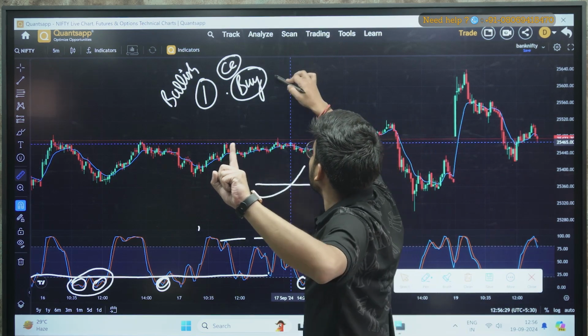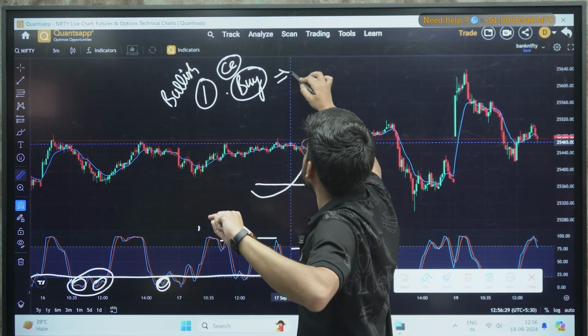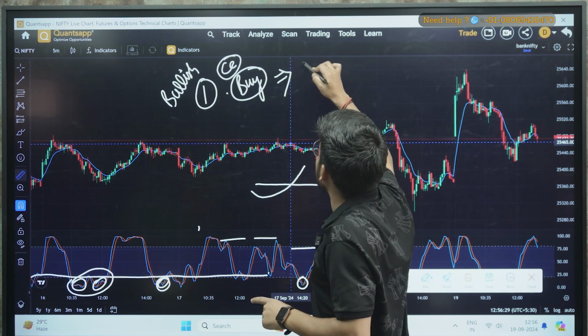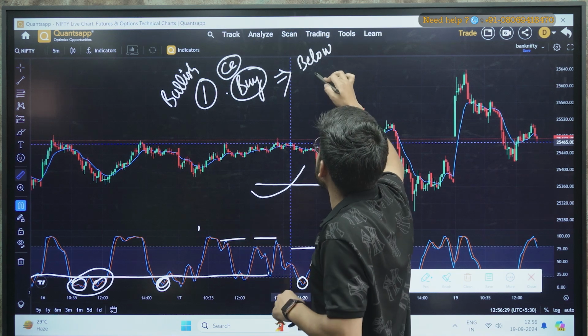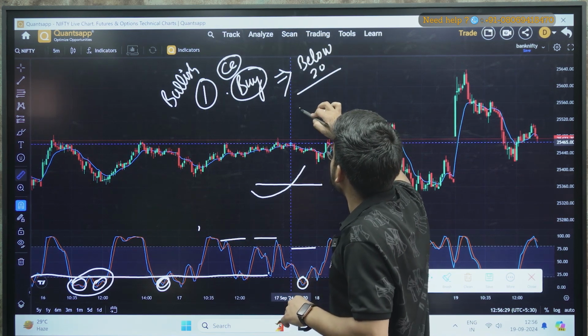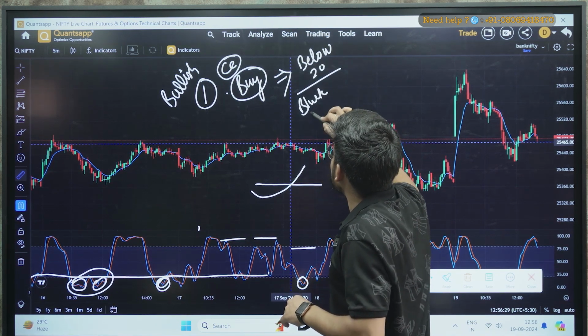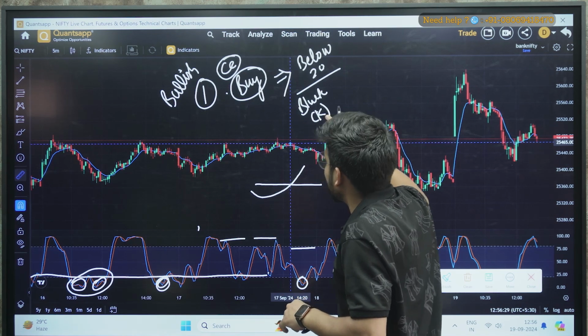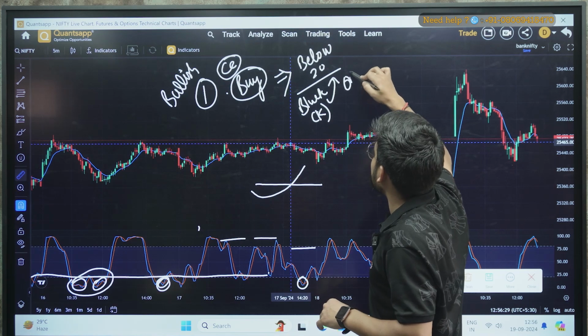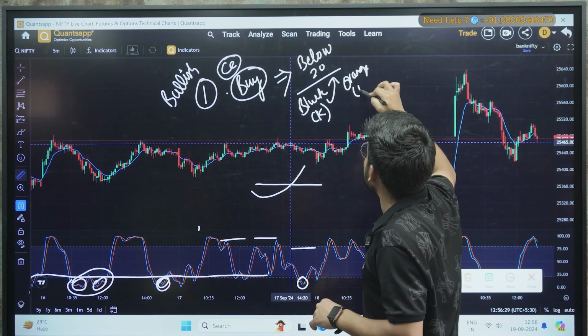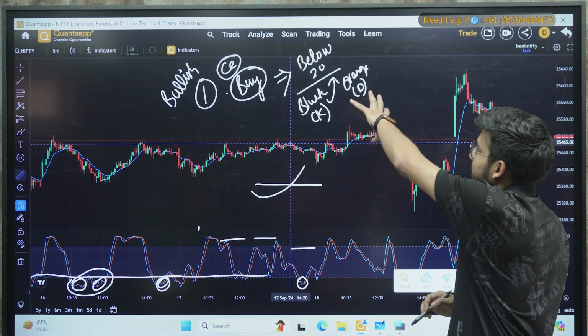My first condition is that the stochastic RSI should be below 20, and the blue line, that is basically known as the K, should be crossing above the orange line, which is generally shown as D.